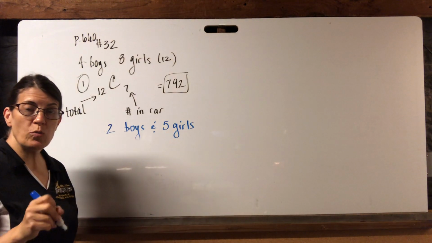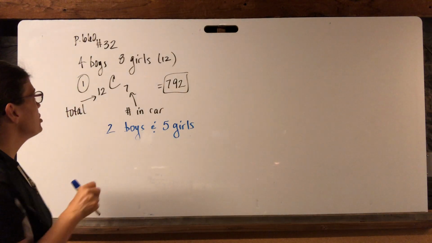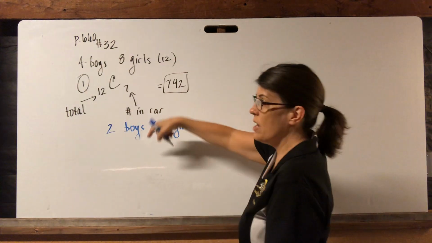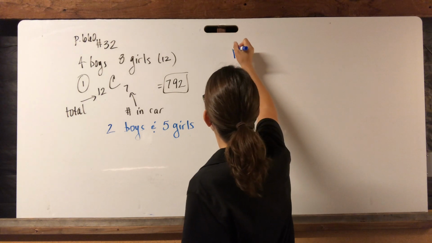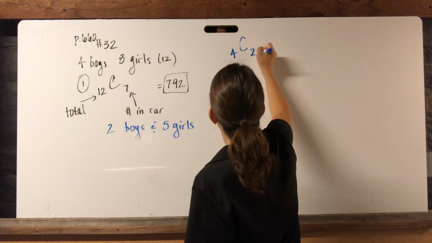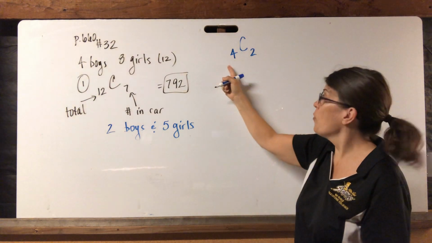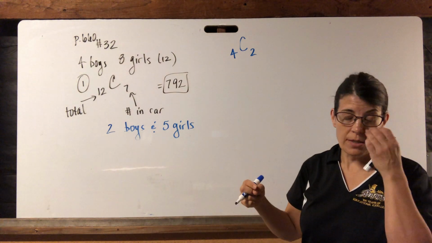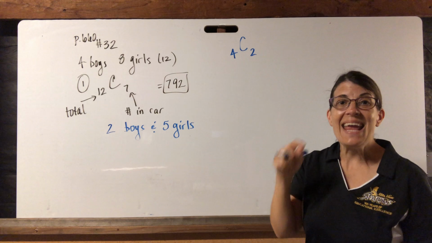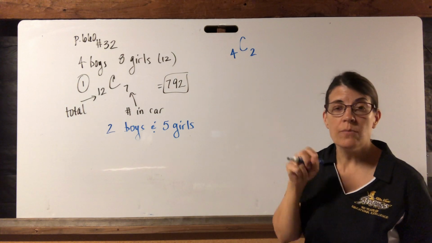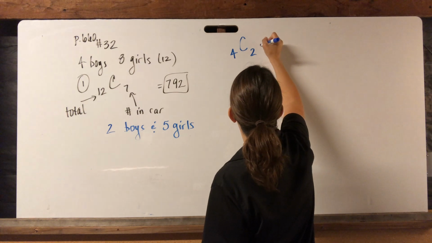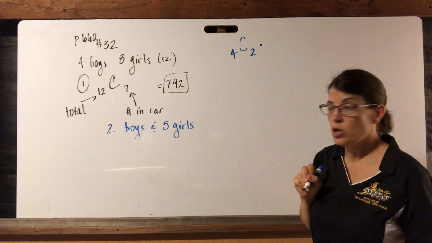Okay, 2 boys. How many boys are there to choose from? There are 4 boys to choose from. So the number of ways to get 2 boys: 4 boys, choose 2. There are 4 boys, I'm going to choose 2 of them. The remaining kids need to be girls. And multiply. And, times. The rest need to be girls.